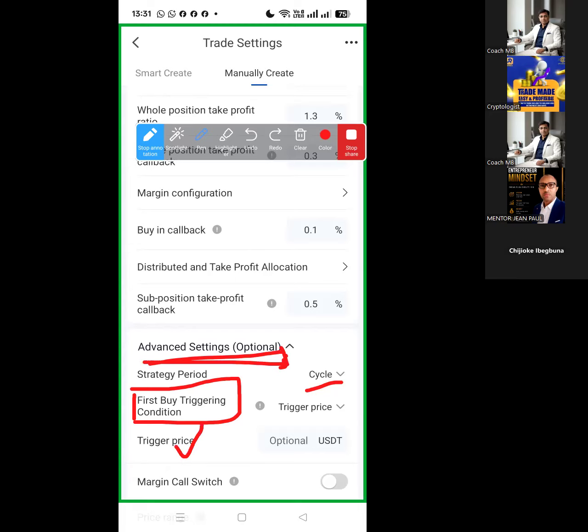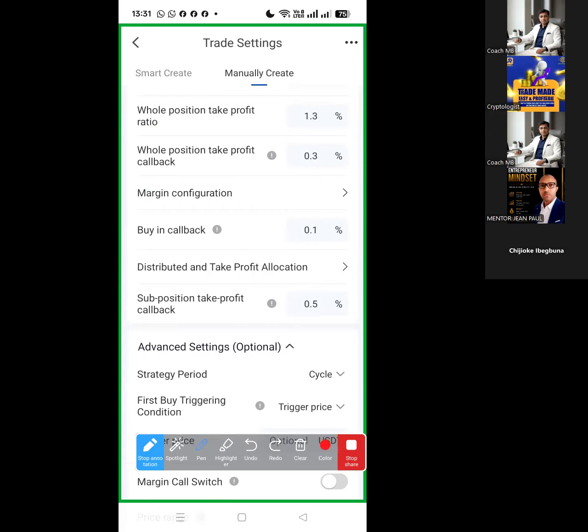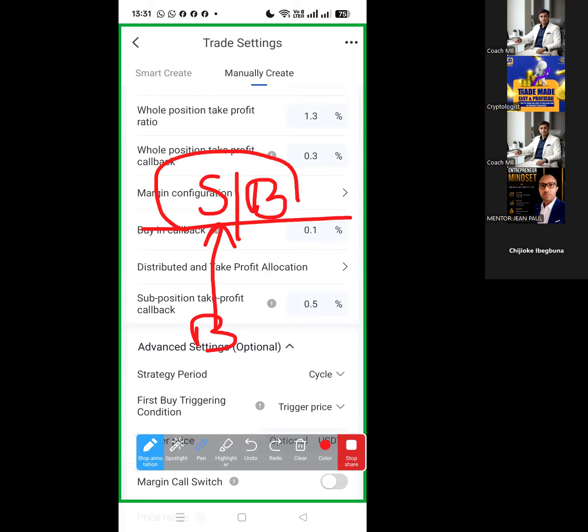What is the first buy? Like I told you, if you want to buy here, sell here, and again want to buy here, you don't want the robot to buy at the same higher price at which it sold for you, because you always want the robot to buy at a lower price.